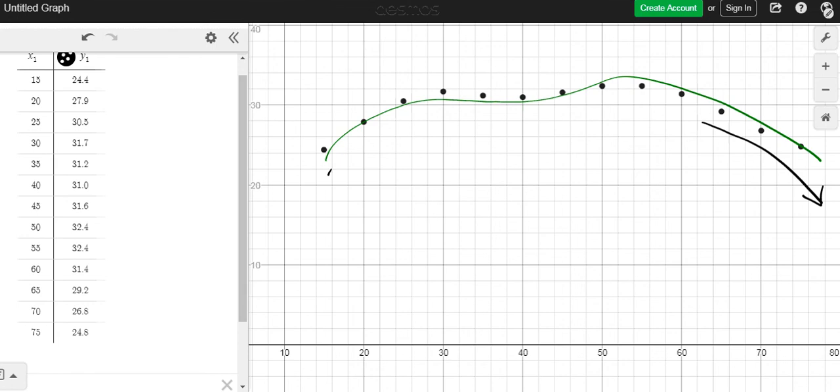What about this though? I'm getting faster here. My wind resistance is going up, but I'm still getting better gas mileage. Why do you think that might be? Let me ask you this.